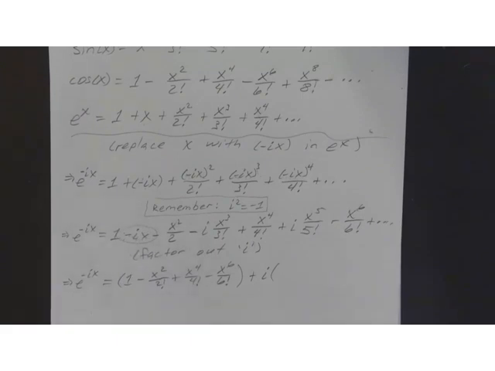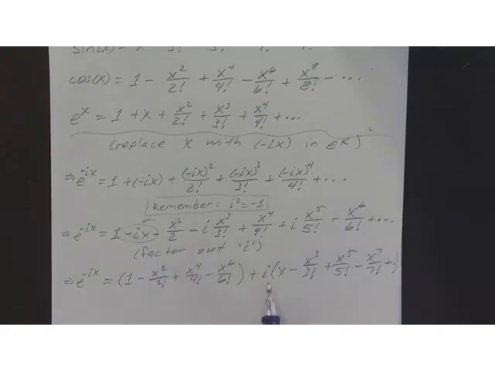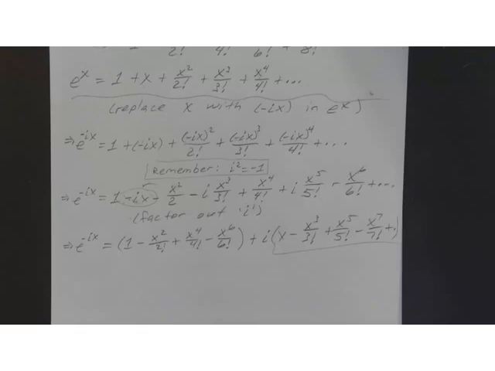Okay, so that should be positive. I'll have to go back and double check that, but sorry about that. I'm trying to look and see where I made that negative, because that should be x minus x to the third over 3 factorial plus x to the fifth over 5 factorial minus x to the seventh over 7 factorial. I'll have to double check where I made an error there, because I know it's supposed to end up there. So I actually must have done something wrong there. Thought I had it all figured out.